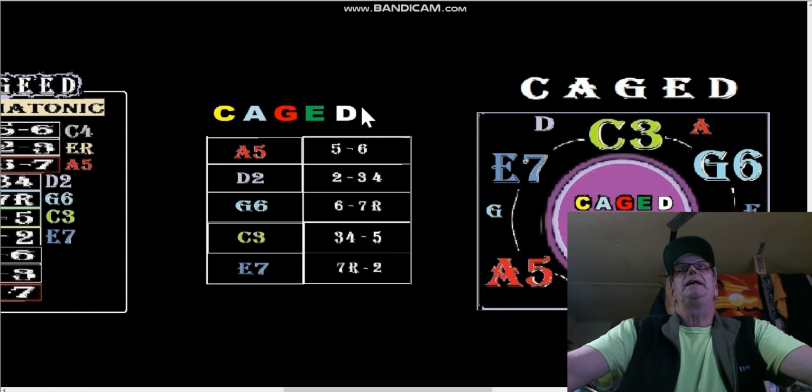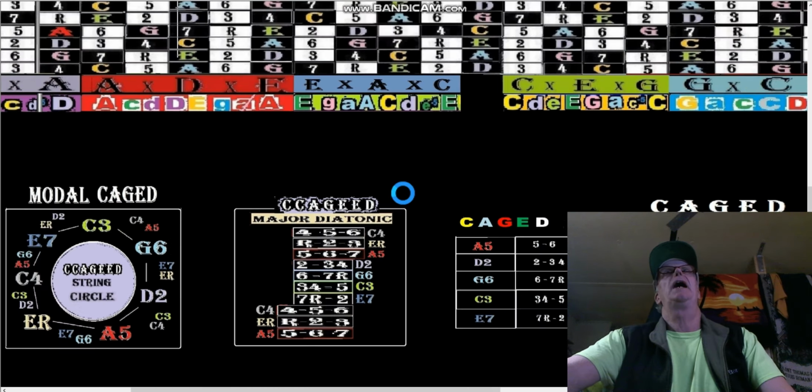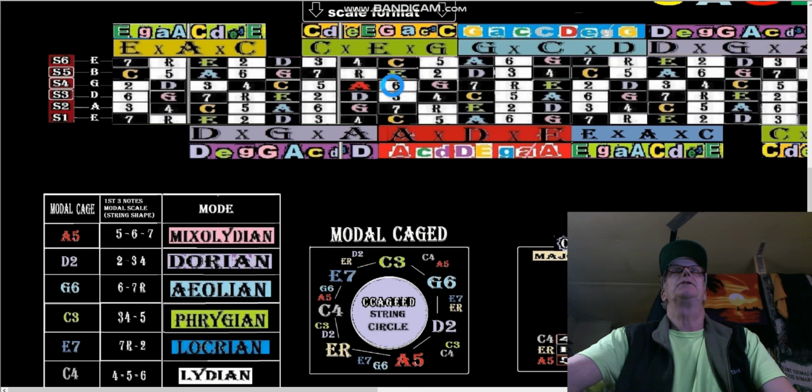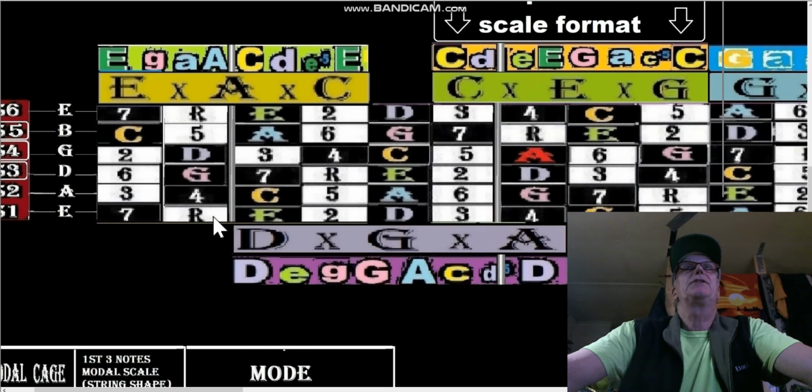Regular old CAGED, we got E7 is 7 root 2, C3 3 4 5, G6 6 7 root. And we have the root chord kind of hiding in there, but I wanted to show you that traditionally with the pentatonic E box, we can't do that pentatonic from the open position, because if this is the fret nut, we can't get these notes here.